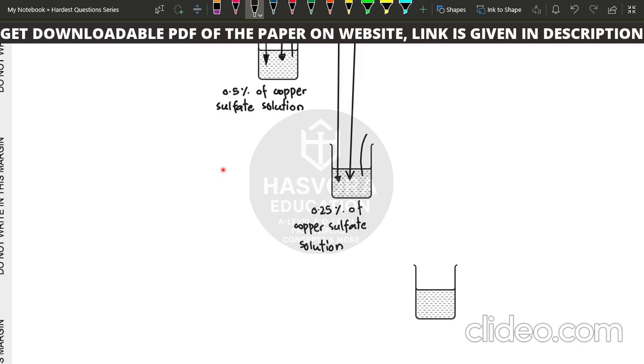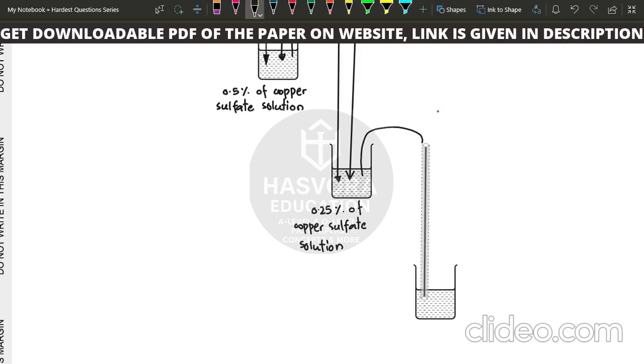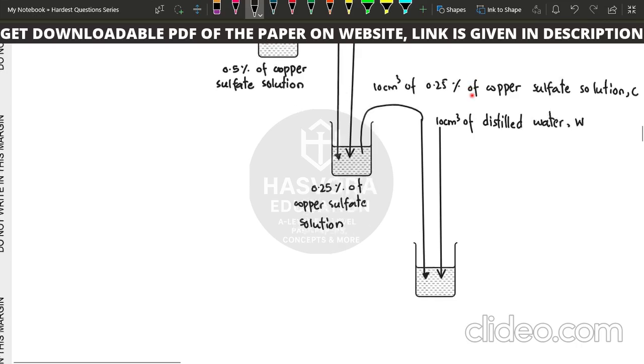Like this, and then we have to transfer it. So this will be 10 cm cube of 0.25% copper sulfate solution C, and this will be your 10 cm cube of distilled water W. And what will I obtain?